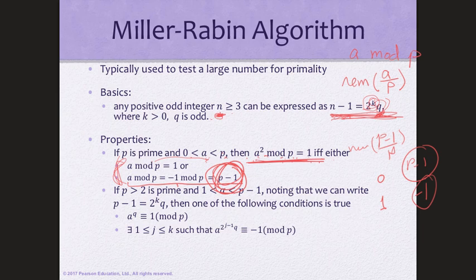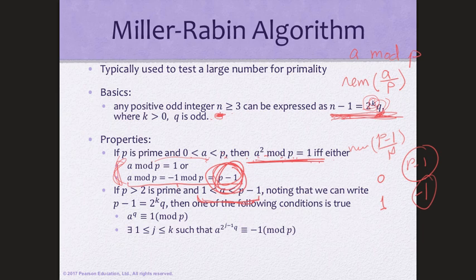Now the third one is if P is greater than 2, which is a prime number, and A is greater than 1 and less than P minus 1, we can write P minus 1 equals 2 to the power K multiplied by some Q. That's correct.